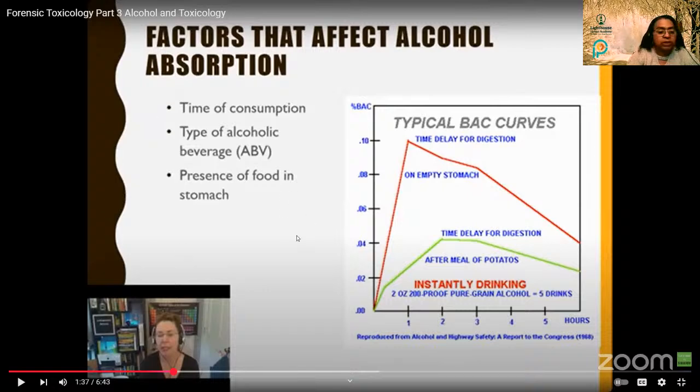The factors that affect alcohol absorption: time of consumption, type of alcoholic beverage, and the ABV is alcohol by volume, and the presence of food in the stomach. Those are the 3 things.